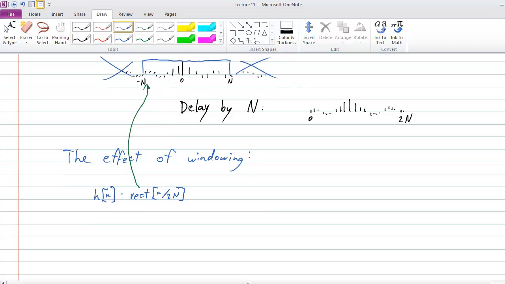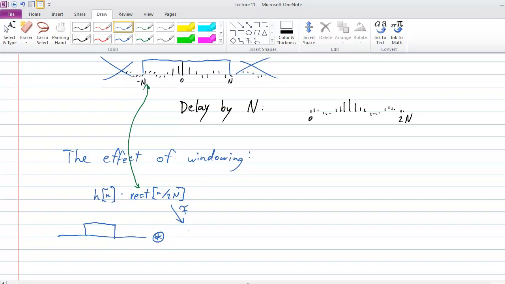Now, multiplication in time, what is that in frequency? Convolution. Okay. Now, that property we derived for continuous time. The property carries over for discrete time with one little change. It's what we call circular convolution. But for now, don't worry about that. It's not going to be very different. So what we have then is our ideal low-pass filter, which was like this, and it's going to be convolved, say circular convolution, with the Fourier transform of our window.